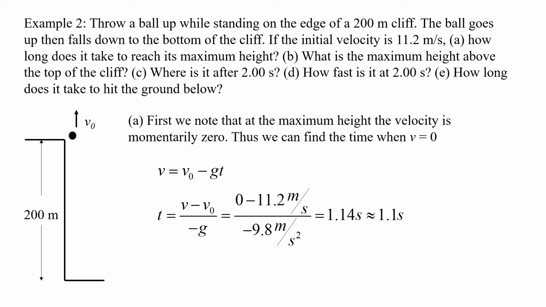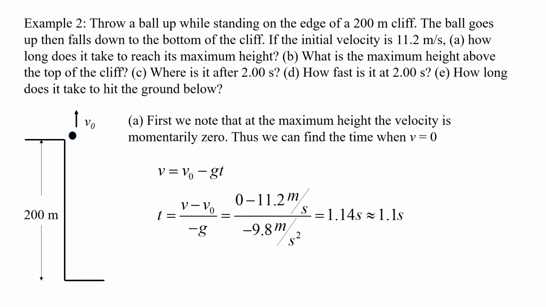So its velocity is 0. So at the maximum height, the velocity is momentarily 0. So using the velocity as a function of time equation and knowing that at the maximum height it briefly stops, we can find the time it takes to reach the maximum height.